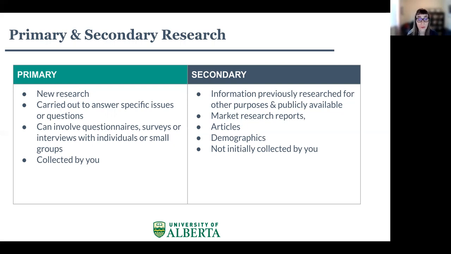For Biz 201, primary research could include, for example, calling a landlord to find rent costs, contacting farmers about food costs, etc. Secondary research makes use of information previously researched for other purposes and publicly available. This would be market research reports, articles, demographics, any information not initially collected by you. And this is where the library can help you.